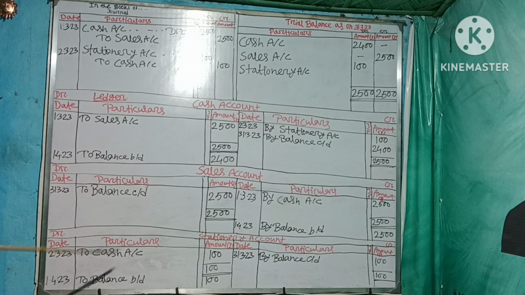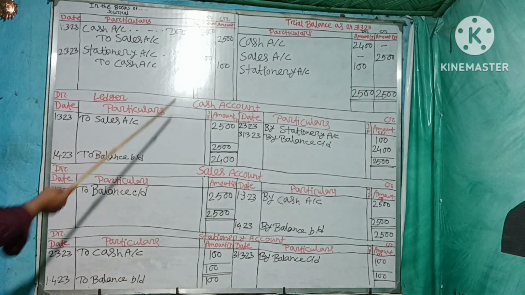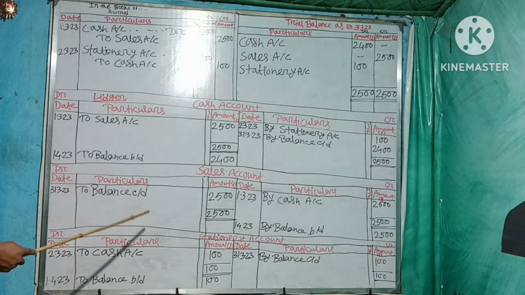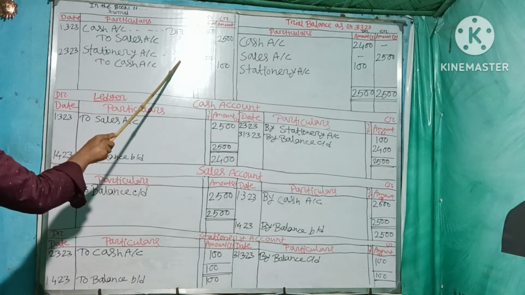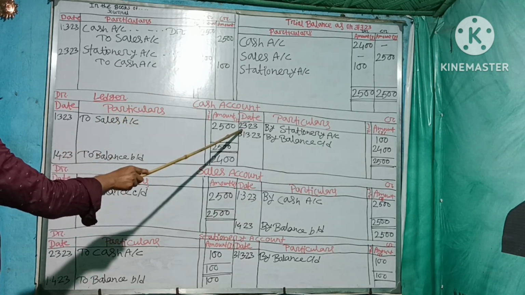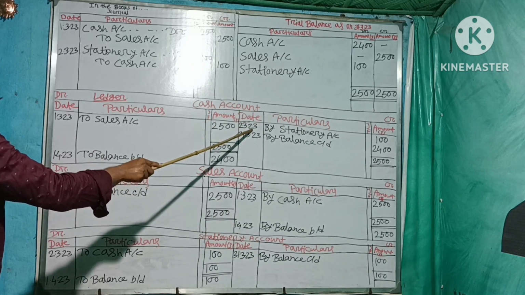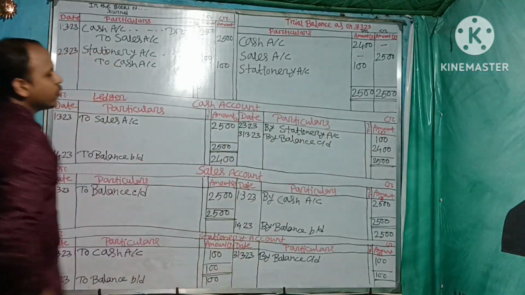Next, we have already opened a cash account. For that reason, opposite to cash account, stationery account was debited. So on 2nd March 2023, we write by stationery account 100 rupees.